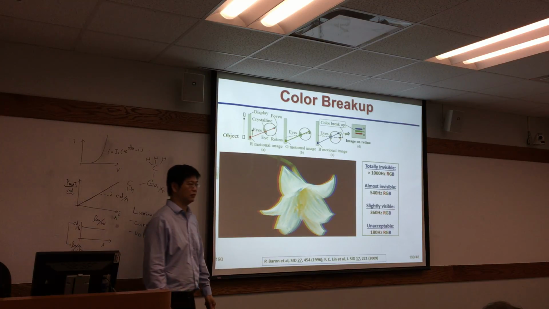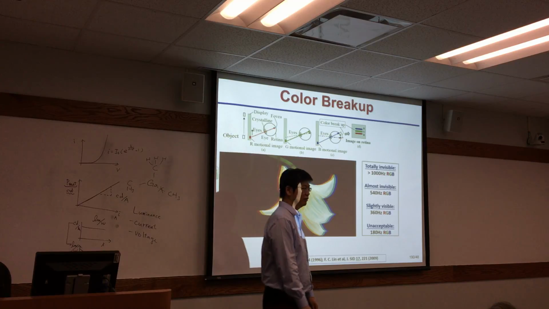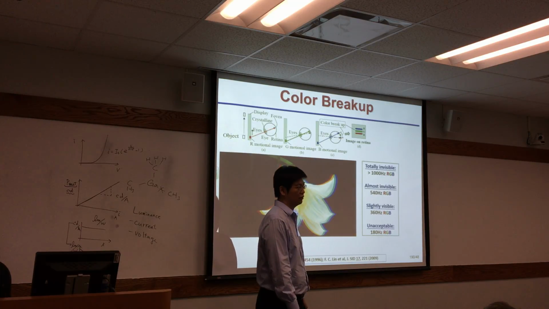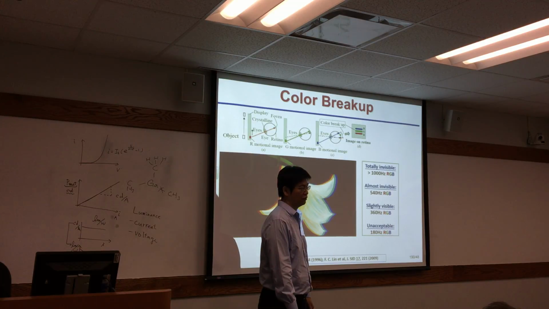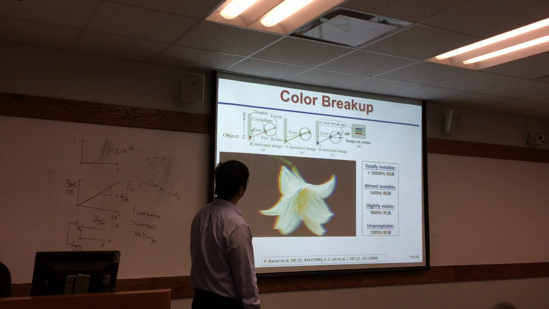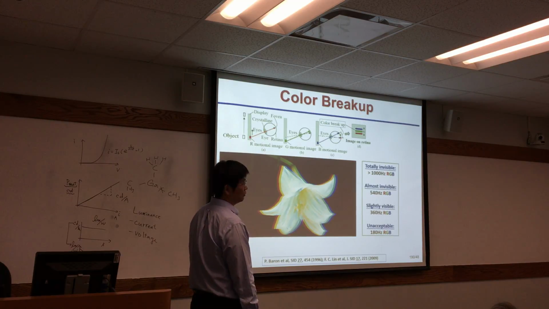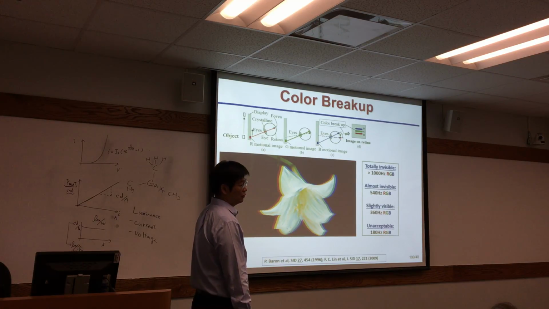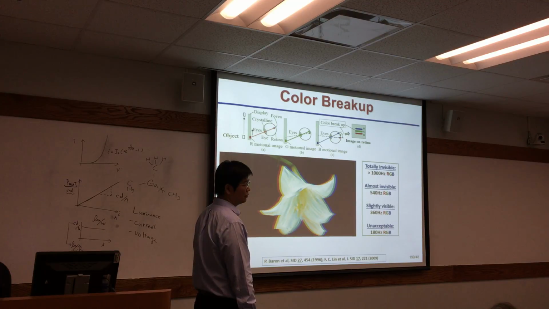I have a question about this picture. If this image is small enough that I don't even move my eyeball, will I see the color breakout on the edge? I mean, if this is a small screen that I focus my eye steadily on, will I see the color breakout?